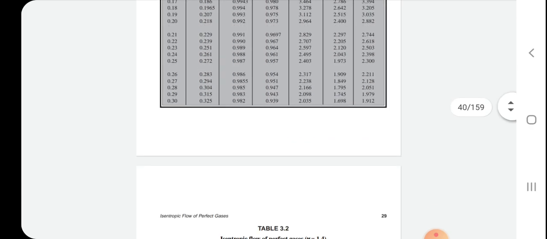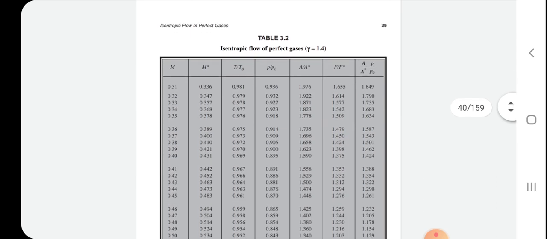So you don't need to learn all the equations by heart, or substitute values in the equations. All these values are tabulated in these gas tables. You just need to pick the values.